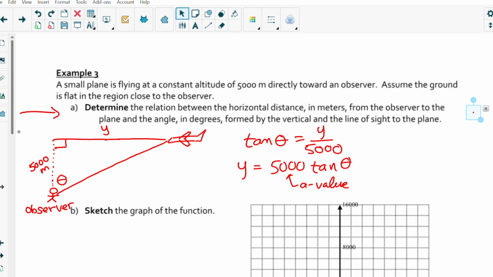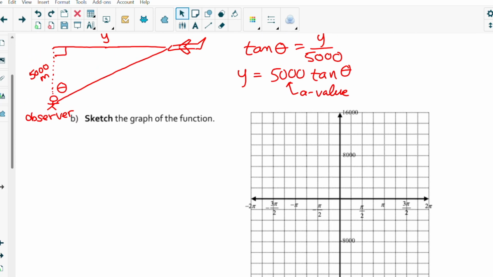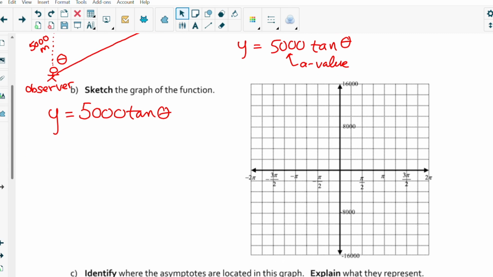Sketch the graph of the function. So let's take a look at this. So I have my function y equals 5,000 tangent of theta. I'm going to plot a couple of key points here.